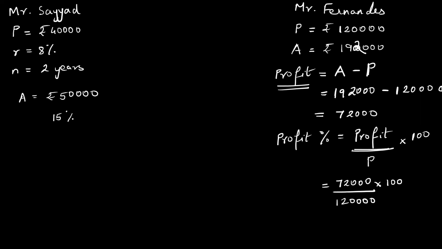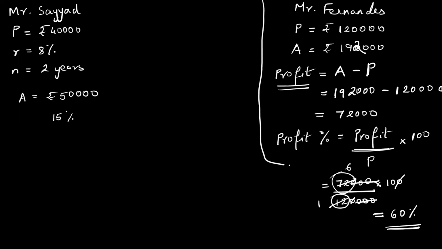The 3 zeros get cancelled, 3 zeros here, and 120 ka 0, 10 ka 0, 100 ka 0. Does 12 table give us 72? 12 ones are 12, 12 sixes are 72. So it is equal to 60%. So that means 60% is the profit which Mr. Fernandez is going to get.